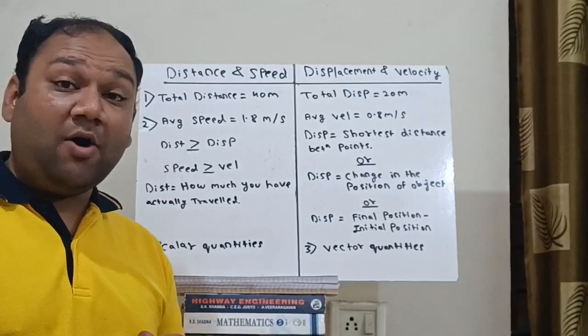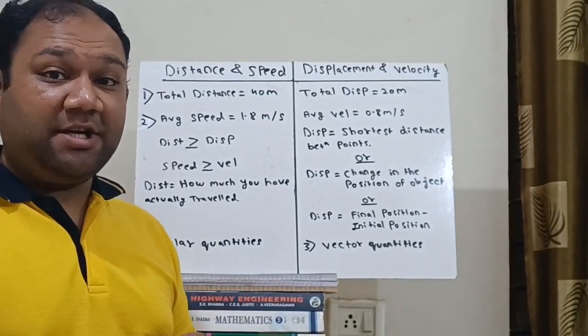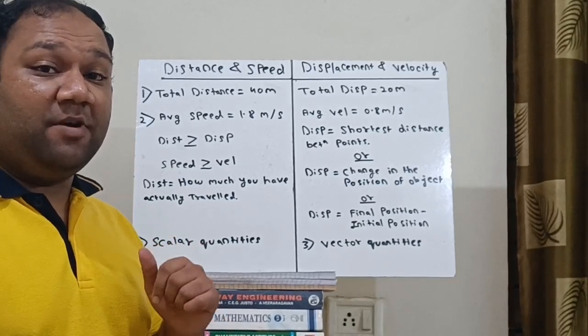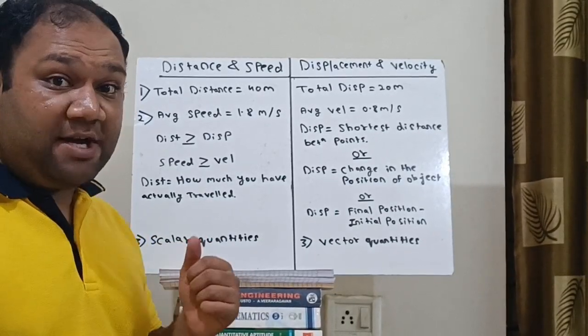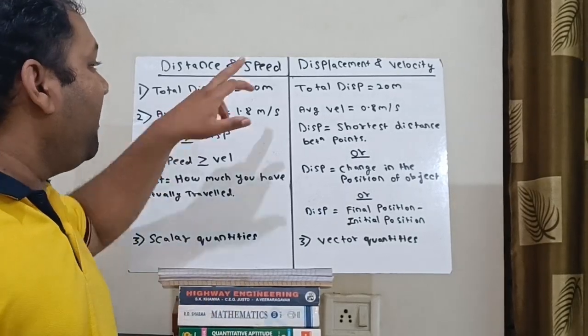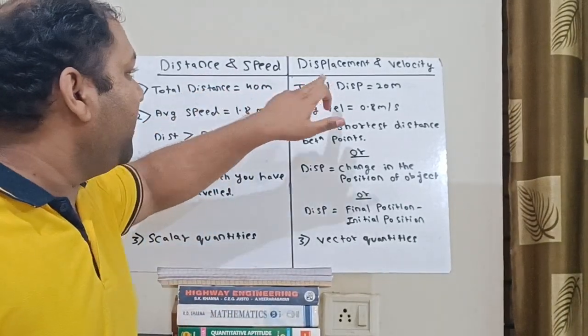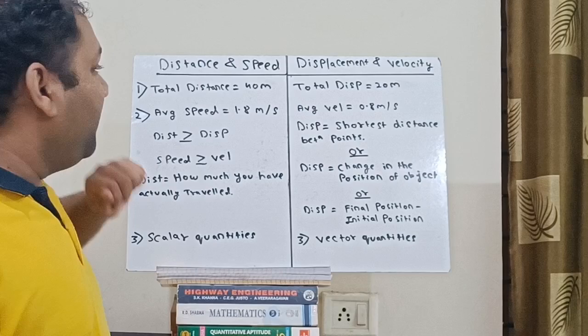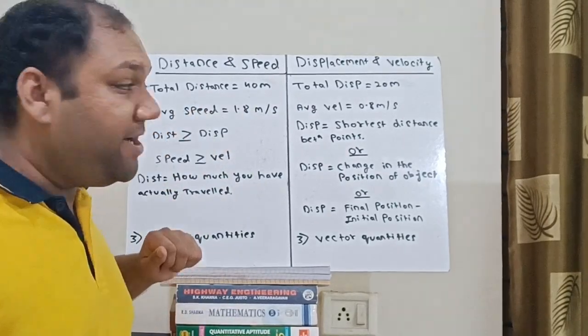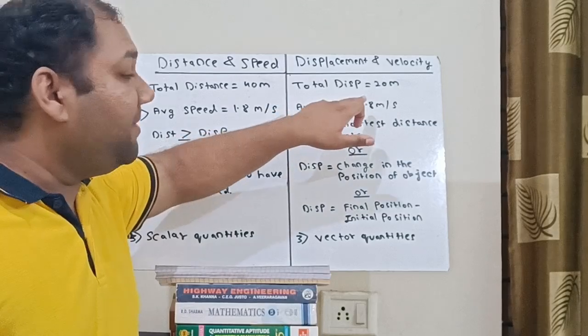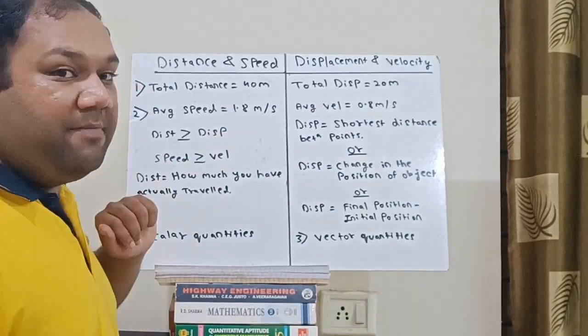Now to sum up today's video lecture, let me highlight some of the observations that we got through the example that we solved. I have prepared two parts: distance and speed, displacement and velocity. First of all, the total distance that we calculated was 40 meters, and the total displacement was 20 meters.